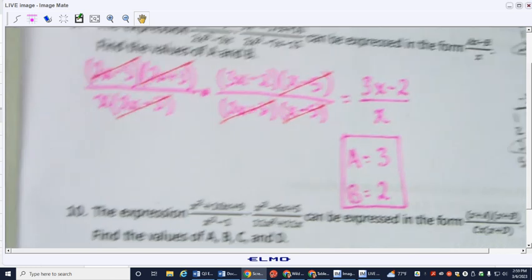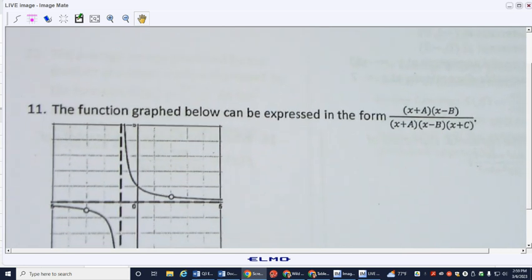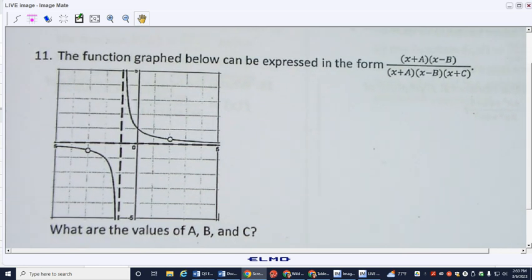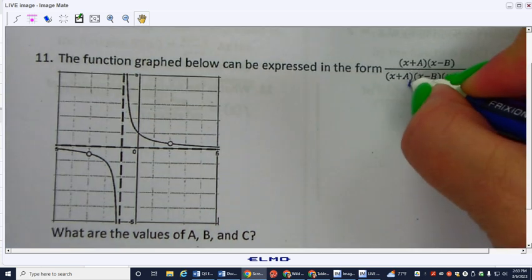Let's go look at 11. All right. The function graphed below can be expressed in the form (x plus a) times (x minus b) over (x plus a) times (x minus b) times (x minus c). When you see something repeat in the top and the bottom, we know that means it would cancel out. And on the graph, do you remember what that produces?